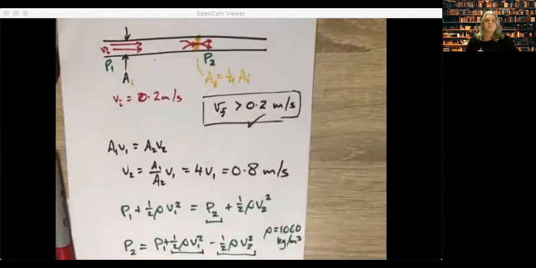And why is that important? Why do we care that the pressure is dropped in the middle of a clogged artery? Well, if the pressure drops where that clog is, then the pressure around it is still the same, the pressure from the rest of the body, because remember, this artery in our body is exposed to atmospheric pressure, so there's constantly 101,000 Pascal pressing on us from the atmosphere, and therefore all of those particles that make us up are all subjected to that pressure, and they'll apply that pressure onto the particles in the next layer.